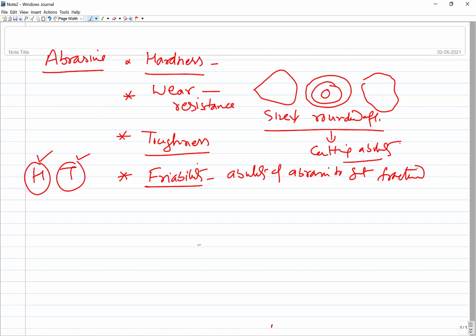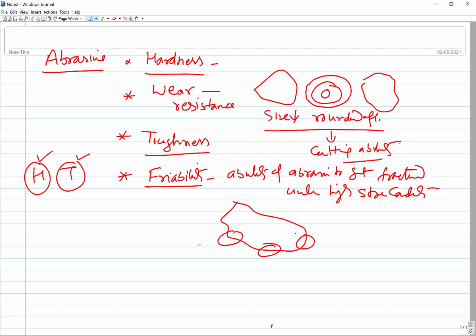under high stress conditions. You see, initially you started with a nice abrasive like this. It had sharp edges here and there, say. Gradually it will wear out. When it wears out, these sharp edges will be lost, size will be reduced.